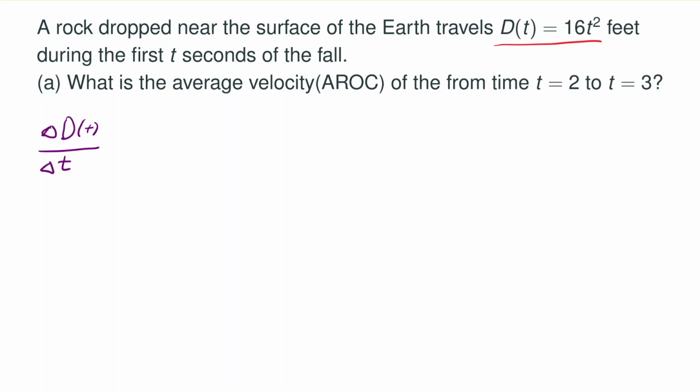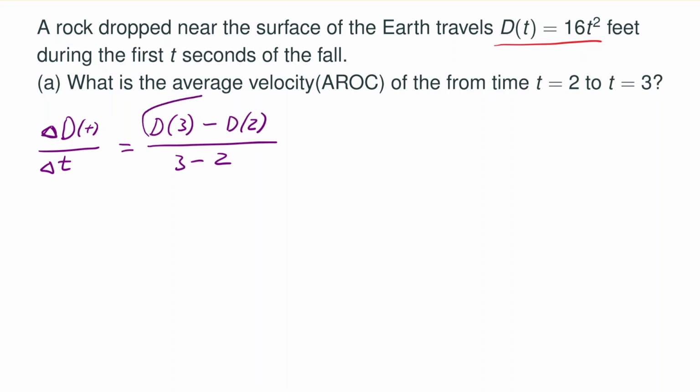This triangle, we call it delta, but it means change in. Instead of writing the words change in, we just write delta. And we can find the change or difference by subtracting in this case. So distance at 3 seconds minus distance at 2 seconds, divided by 3 seconds minus 2 seconds.